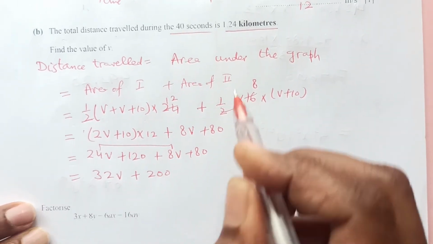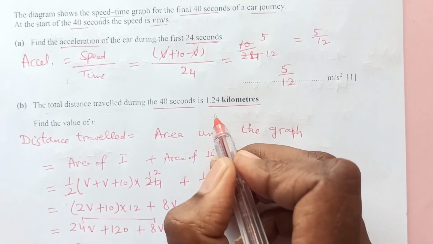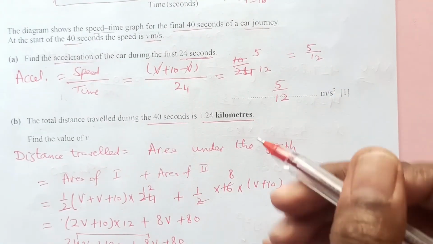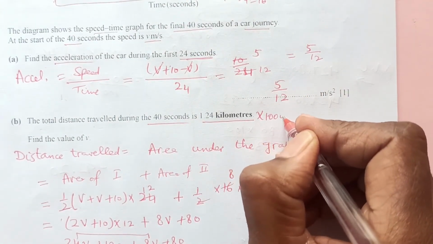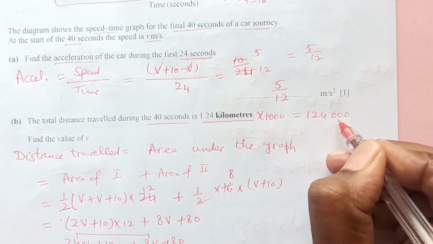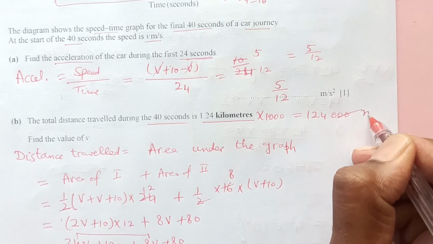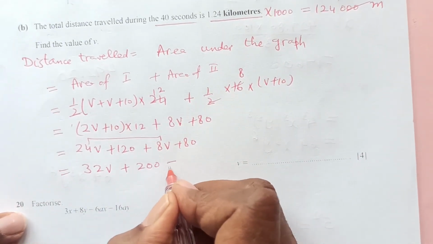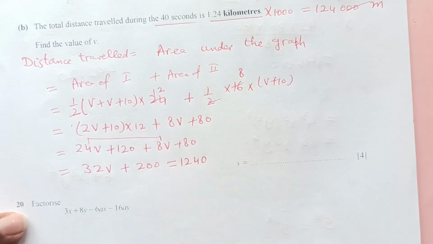Now we are already given the distance traveled, but it is in kilometers and our speed is in meters, so we need to convert that. So 1.24 times 1000 is 1240, and this whole thing is equal to 1240, right?